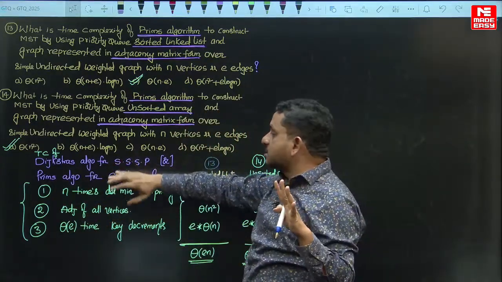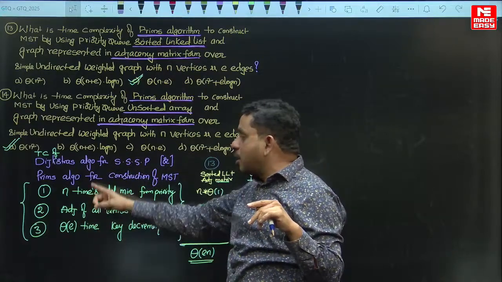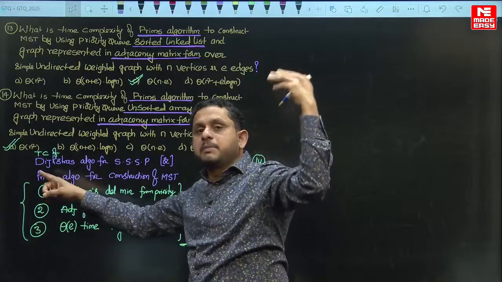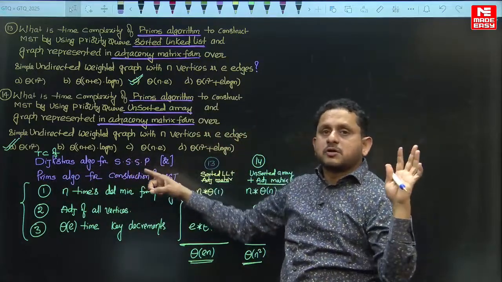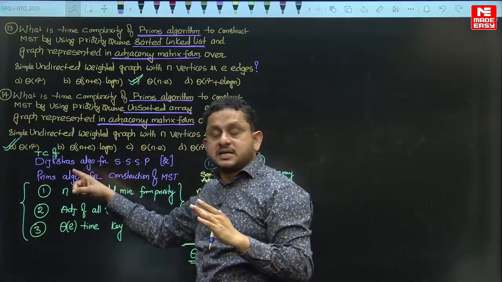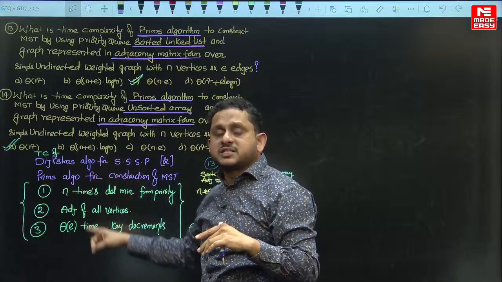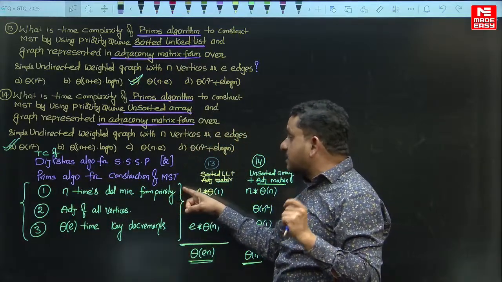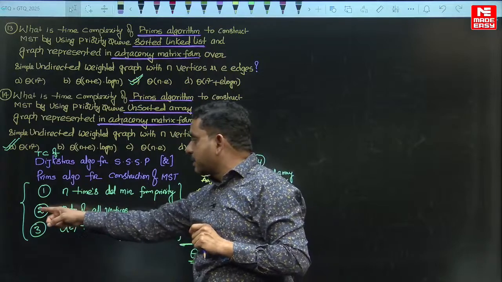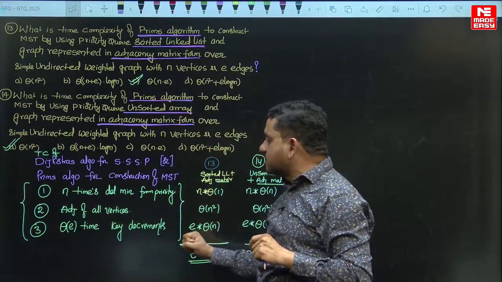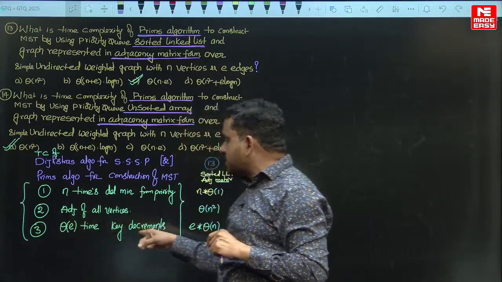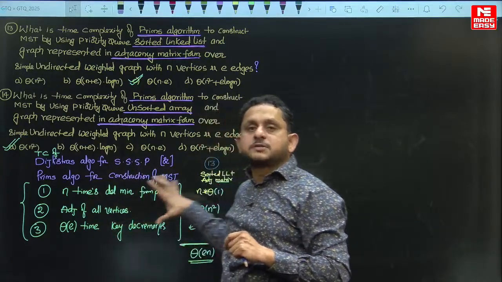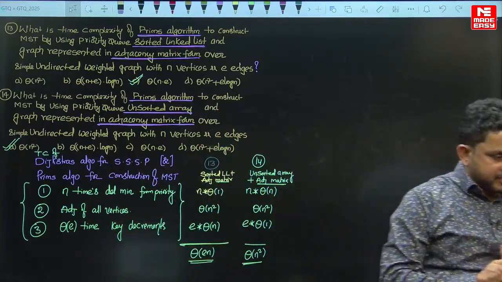The remaining costs, like building the min heap and other small costs, do not exceed the sum of these three values. Mainly, n times delete min, the time to find the adjacency of all vertices, and order of e times key decrement. The sum of these three becomes the overall time complexity.